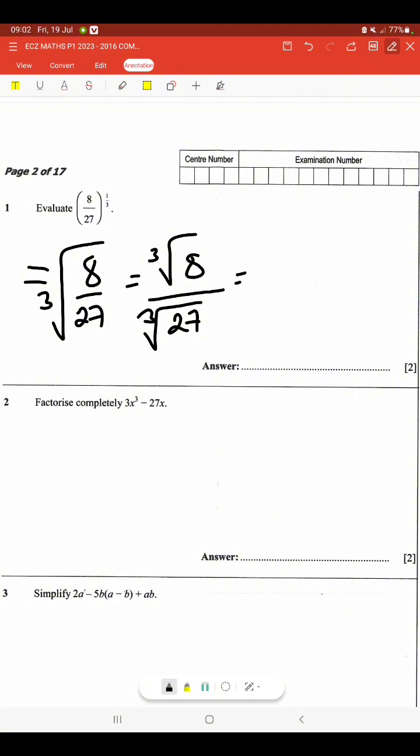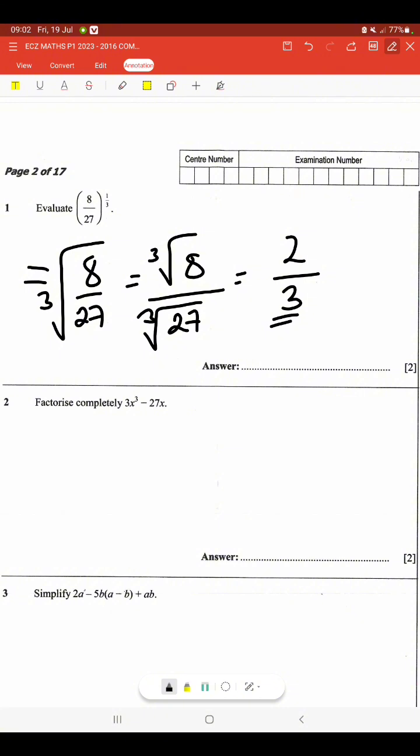Okay, so the cube root of 8 is definitely 2, and the cube root of 27 is 3. All right, so that's how you answer question 1. So the answer is simply 2 over 3.